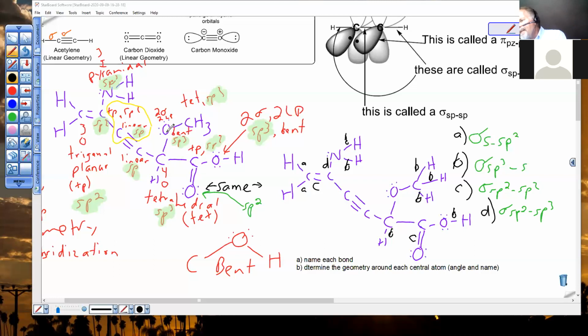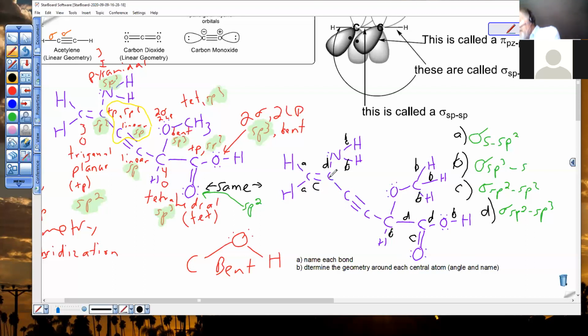That's not good. We have an sp3, sp2. That's the same as an sp2, sp3. Remember, backwards, forwards, doesn't matter. So there's going to be a D right there, which is this one right here. And the carbon's sp2 and the oxygen's sp3. And I think we've got all the D's. If not, we'll catch it when we look at every bond and fill in the missing labels.